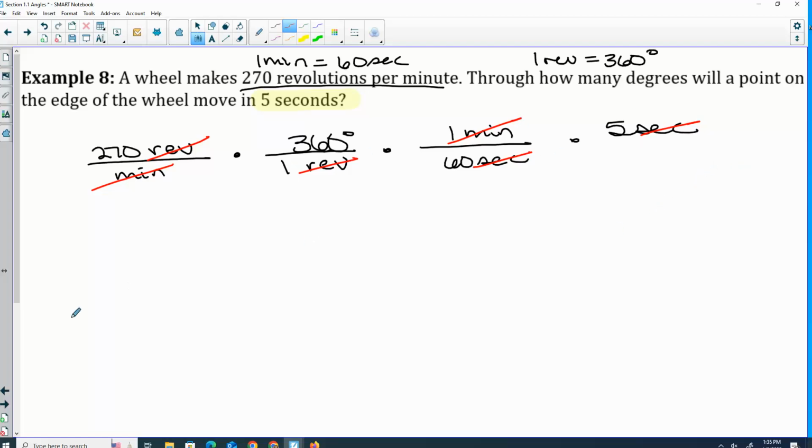So now we just work this problem. So we have 270 times 360 divided by 60 and times 5. So we get 8,100 degrees.